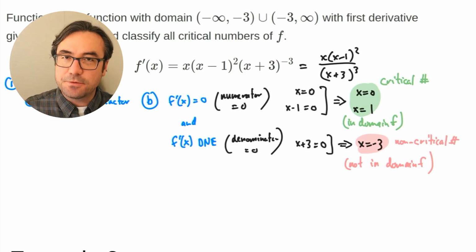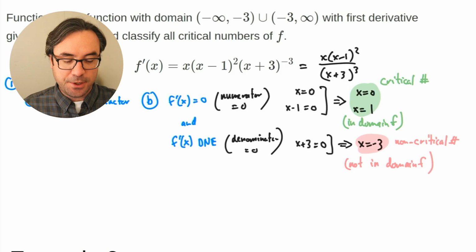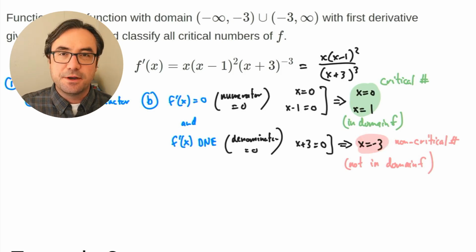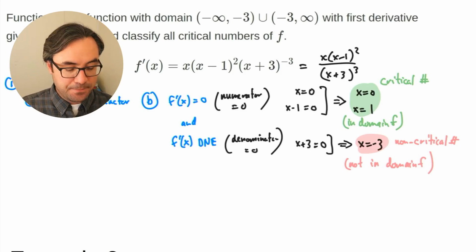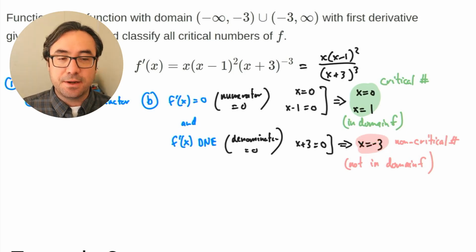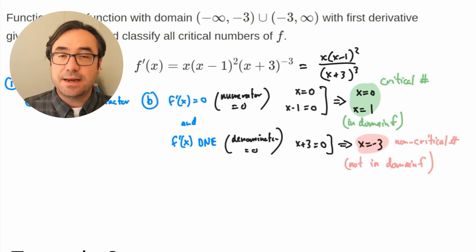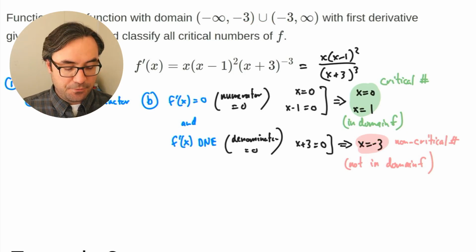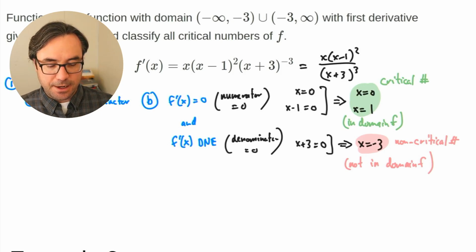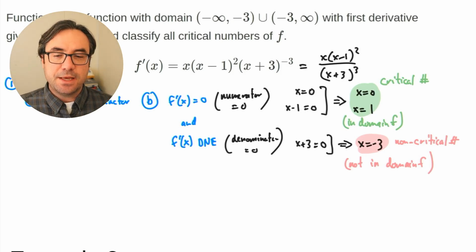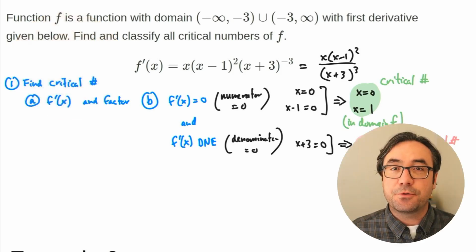It's still important for our intervals of increase-decrease, so we don't want to completely throw this out. In terms of figuring out where our function has a max or a min, it can't happen at negative 3 because negative 3 is not in our domain. But if we were doing the intervals of increase-decrease, we actually still want this negative 3. It's still important.